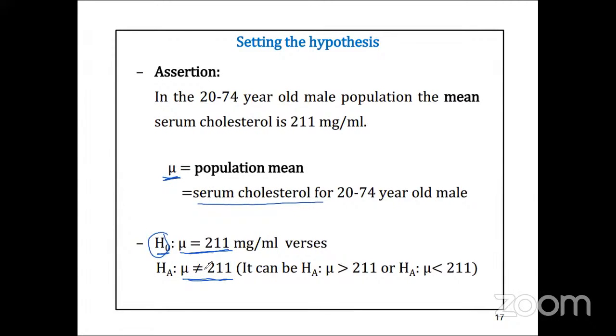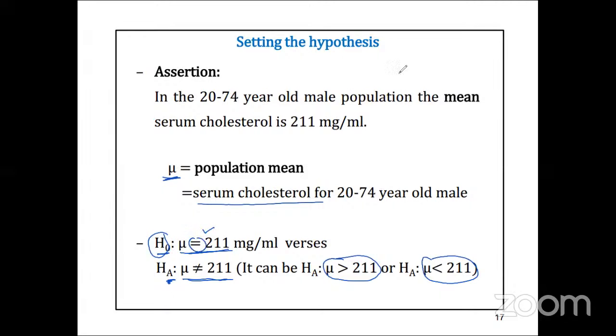But now you can see that you can have three different ways of setting up the alternative hypothesis. Mu not equal to, you can set up as mu greater than 211. You can set up as mu less than 211. Depending on your interest, you can set up the alternative hypothesis, but your null hypothesis will be in terms of equality.